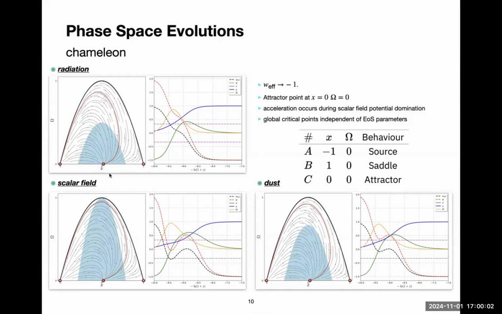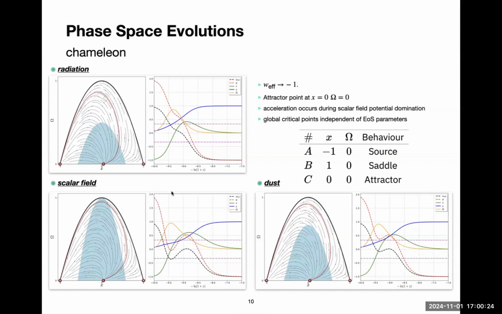The attractor point corresponds to the domination of the potential energy, as you can see in the right-hand side figure, and the acceleration starts when the potential comes into domination. But here we see that the effective equation of state in all those 3 cases relaxes to a value of -1, which is that of dark energy.